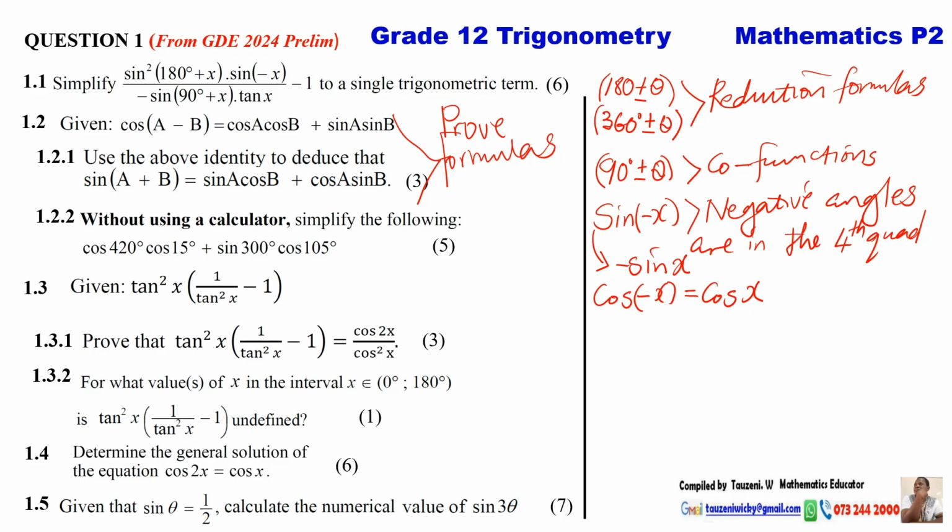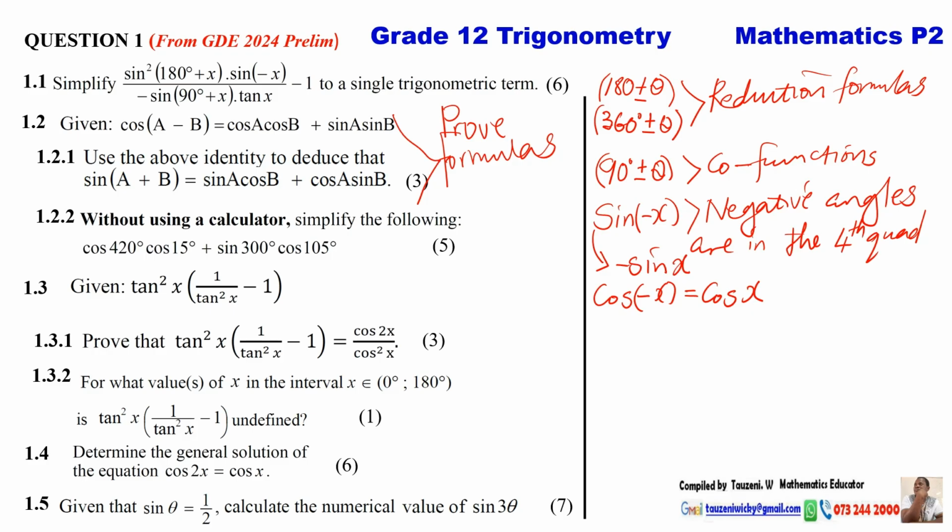So go through all the formulas that are examinable. The cos of a plus b, the sine of a plus b, the sine of a minus b, and also double angle identities. How do you prove those formulas? It is necessary to just know the whole component because you don't know which one they are going to bring to you.